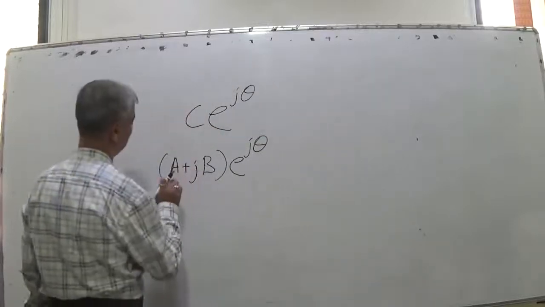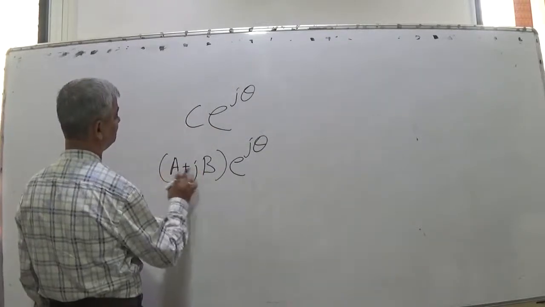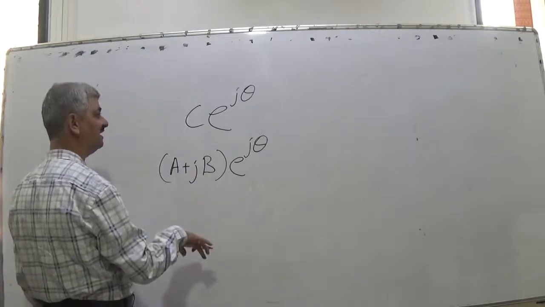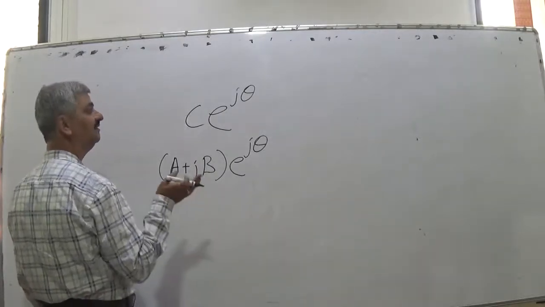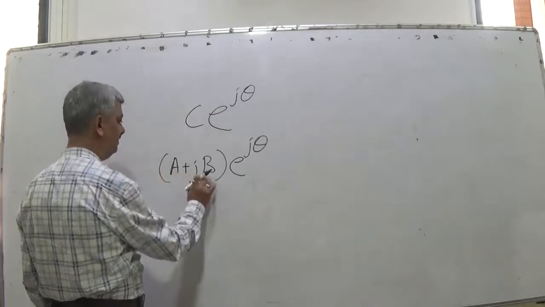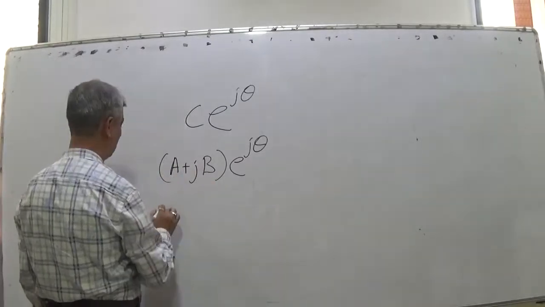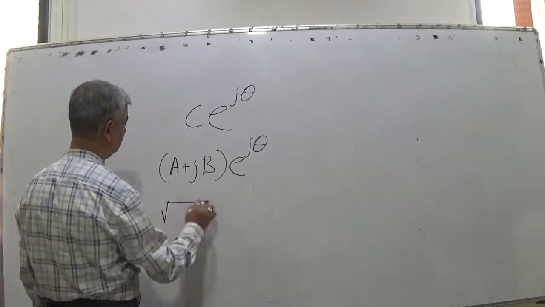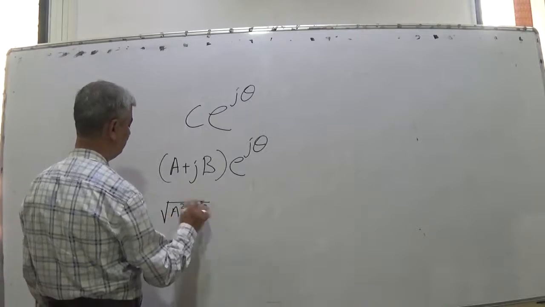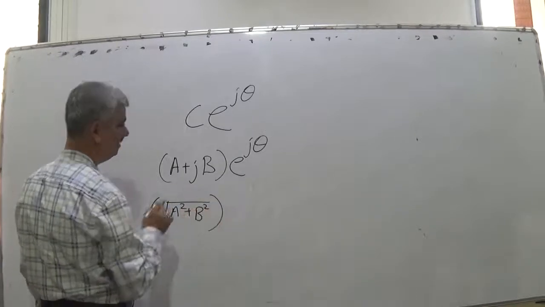I can also say that A plus jB can be expressed as the square root of A squared plus B squared.